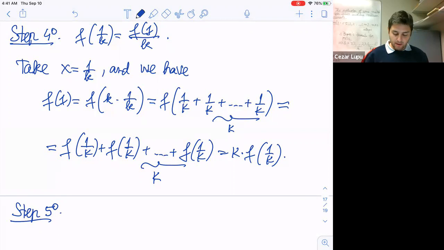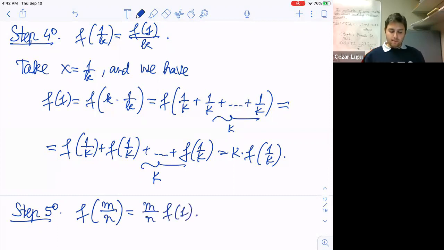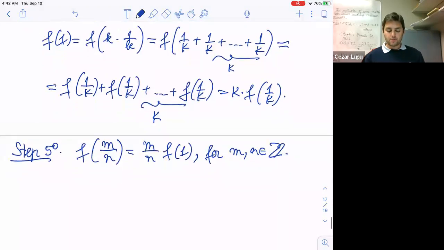With step 5, basically, we want to show that f of any fraction of this form will be nothing else than just m over n times f of 1. This is what we want to prove for m and n integers.